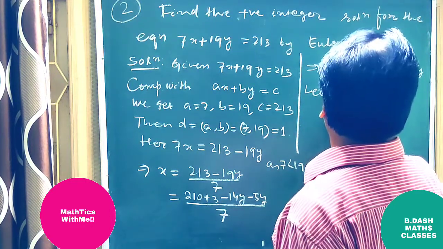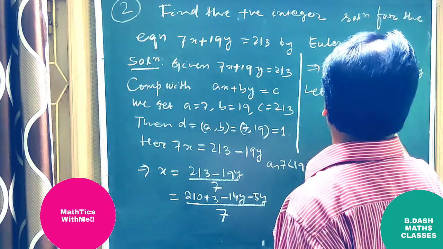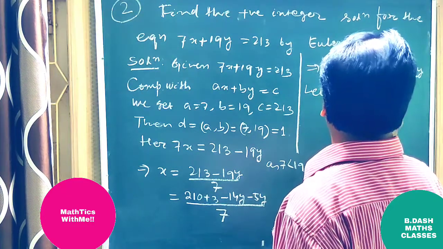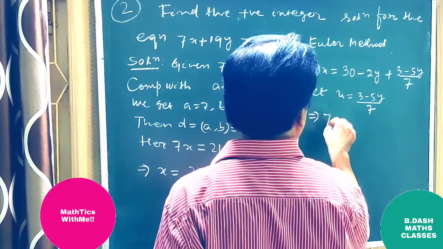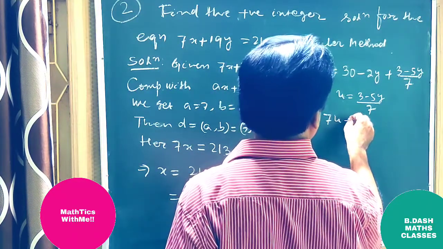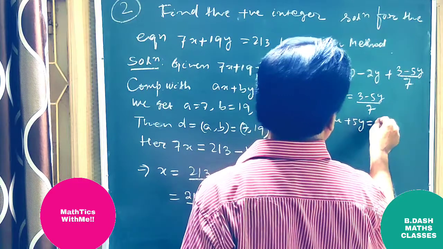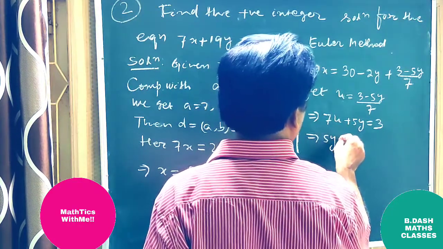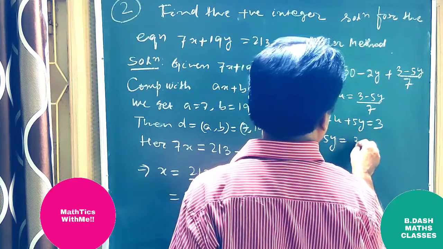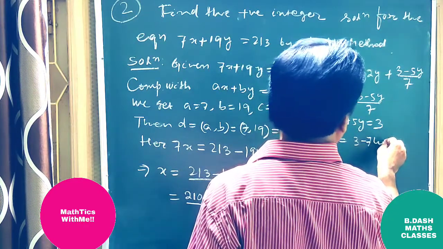Let u is equal to (3 minus 5y)/7. Then 7u plus 5y is equal to 3. This implies 5y is equal to 3 minus 7u.